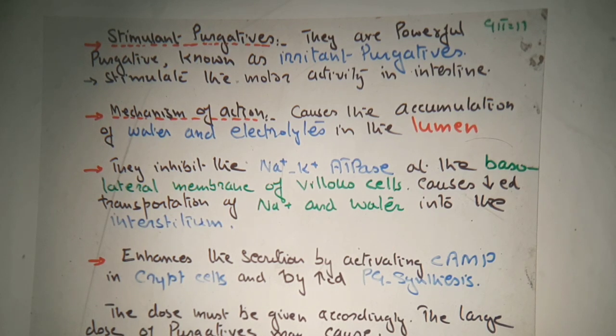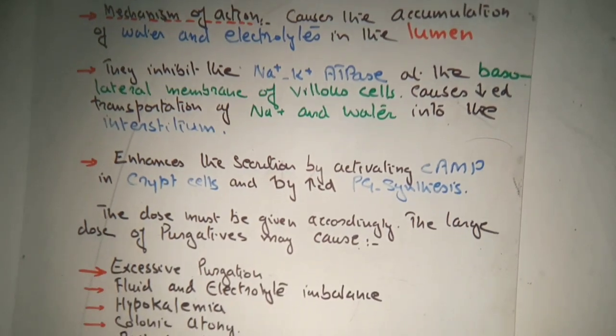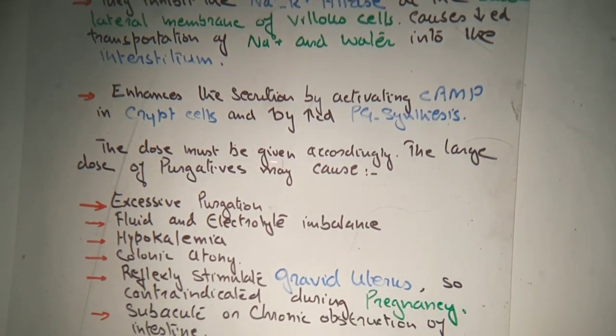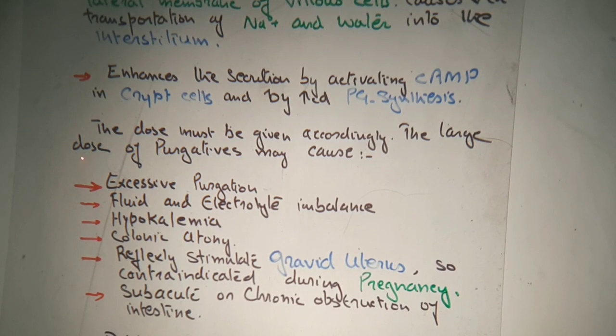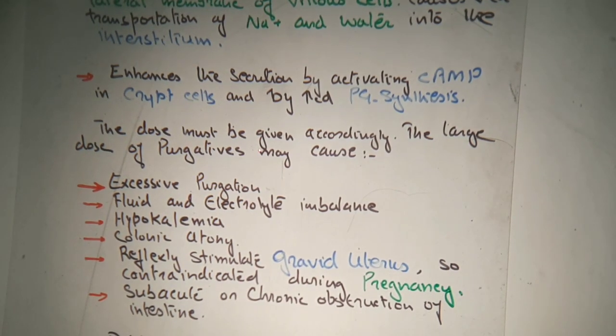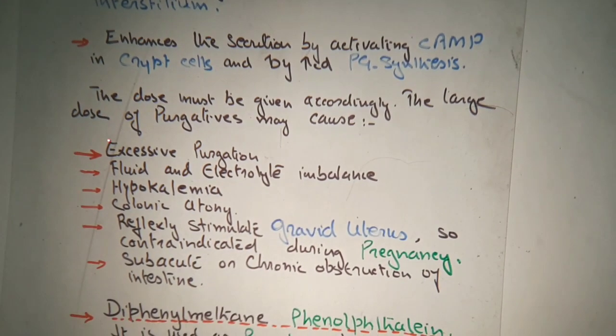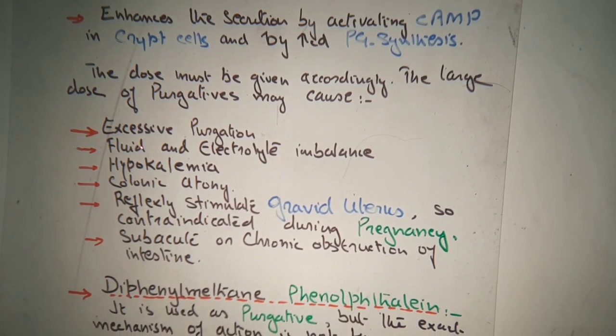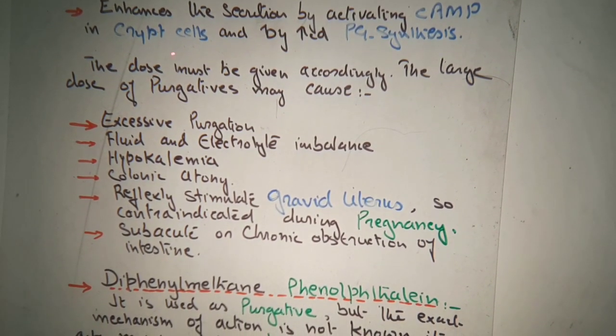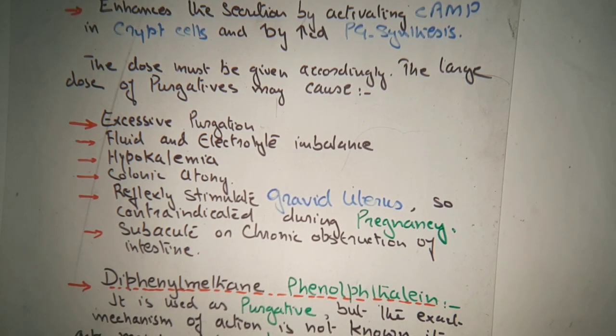A large dose of purgative may cause excessive purgation. Please be careful about this. The dose must be given accordingly. The large dose of purgative may cause excessive purgation, because when you give the patient that particular component in the form of a drug or any other chemical compound, it may cause excessive purgation.